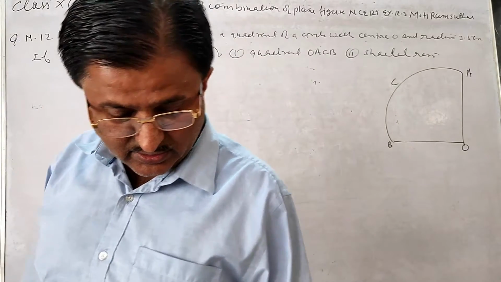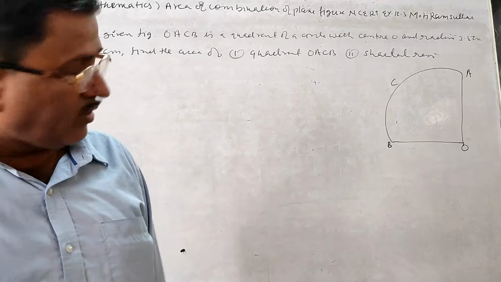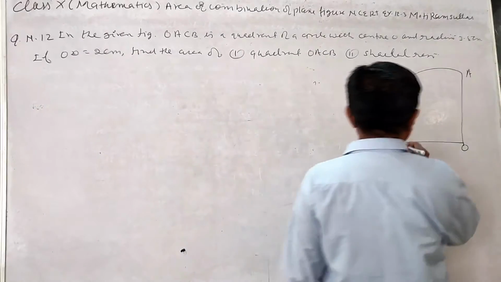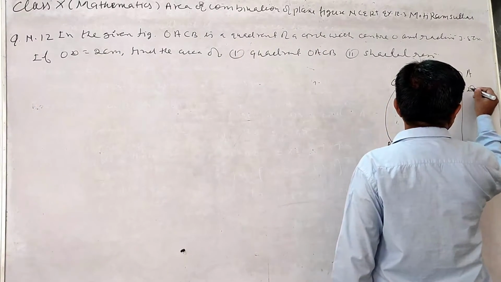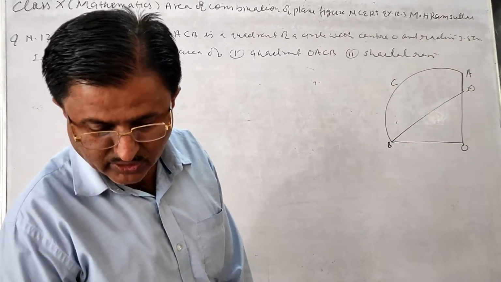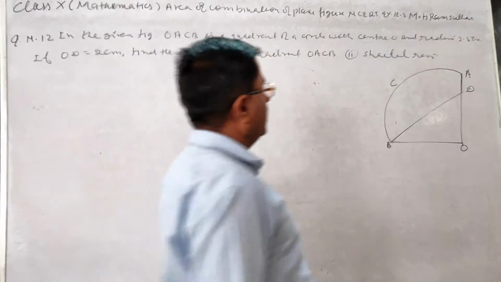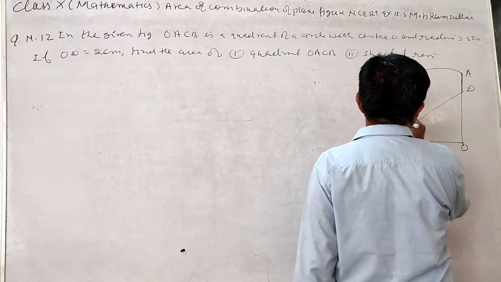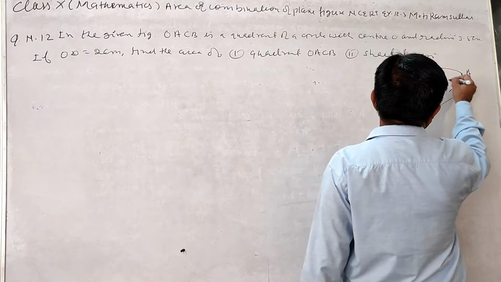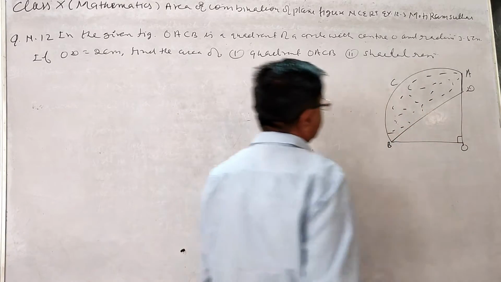And it says, if OD is 2 centimeter, we have a point here with joint this. So this OD is given as 2 centimeter. So we find the area of the quadrant and this region. This is a quadrant, that's why 90.